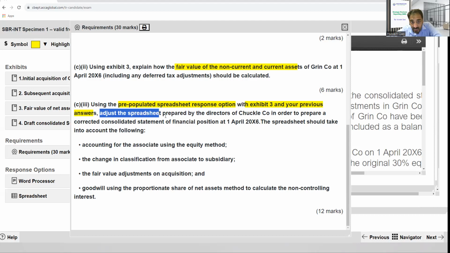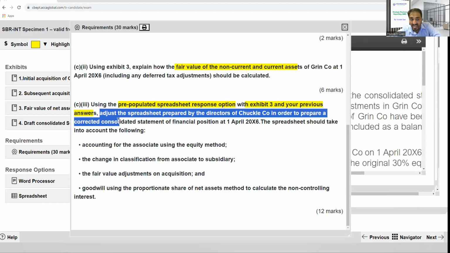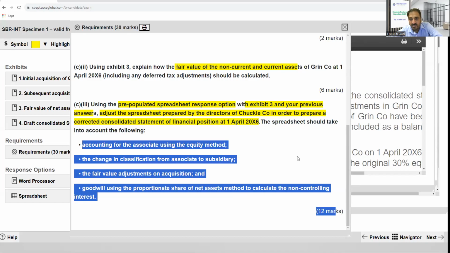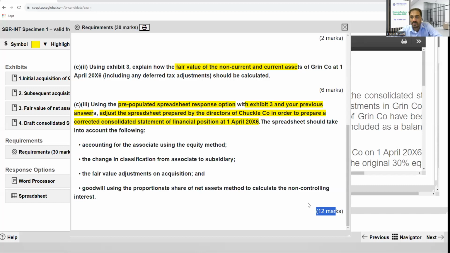Need to make adjustments in the spreadsheet in order to prepare a corrected consolidated balance sheet. This is about correction of errors, sorting out the missing figure and incorporating it, and explanation of the missing figure and correction of errors. The spreadsheet should take into account all 4 adjustments. This is worth 12 marks.